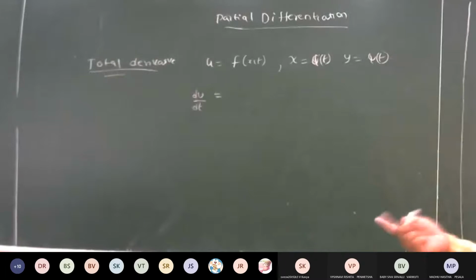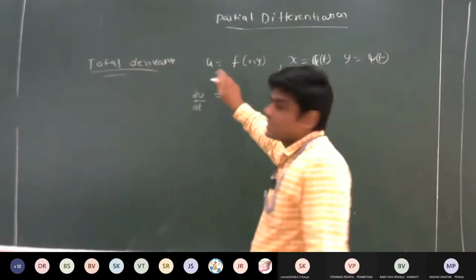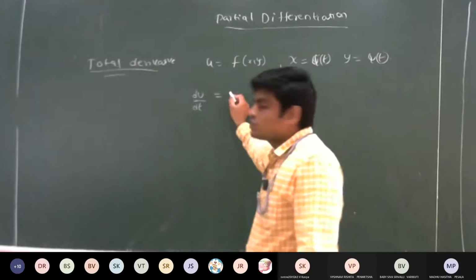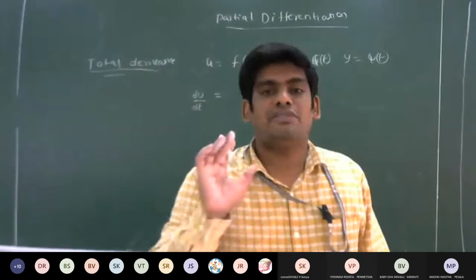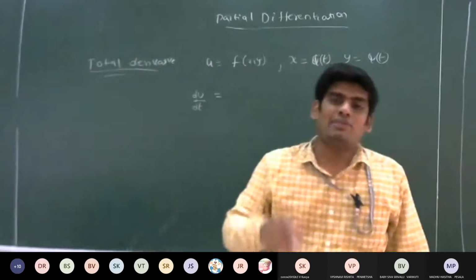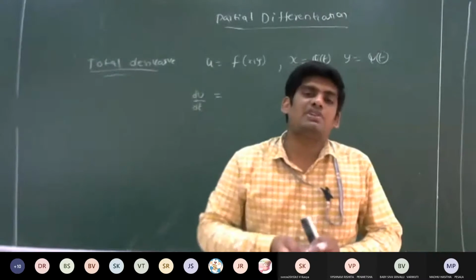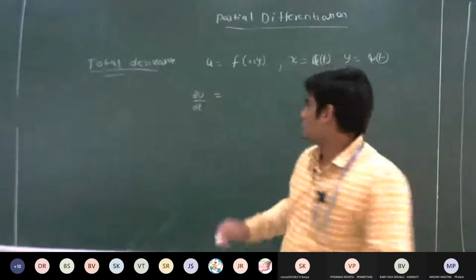Clearly u is a function of two variables, x comma y. If it is a function of two variables, you can use the partial differentiation operator. If it is a function of one variable, you can use the general differentiation operator d by dx.